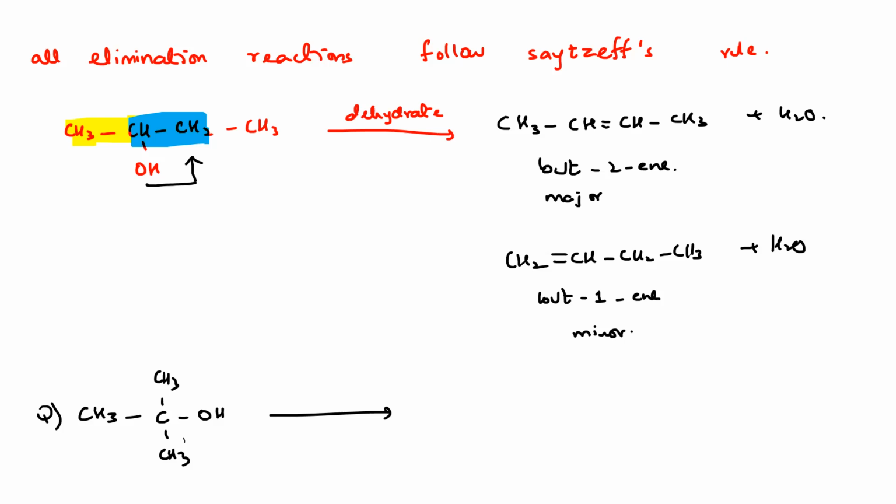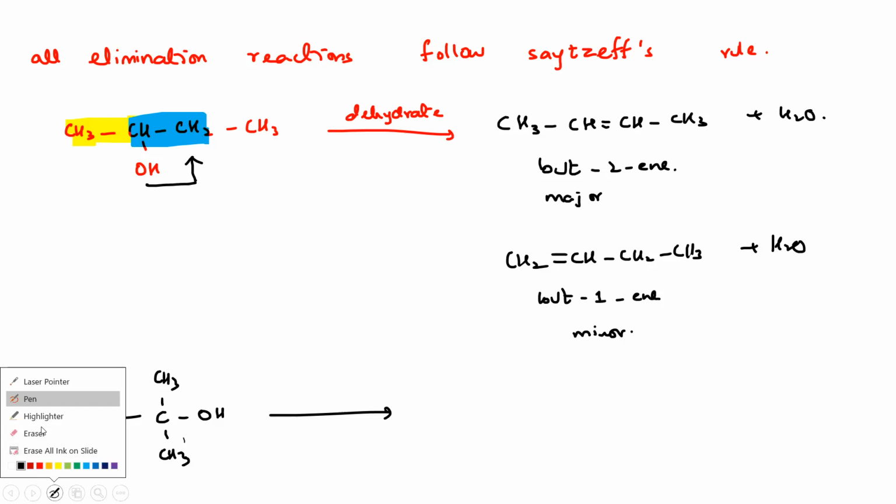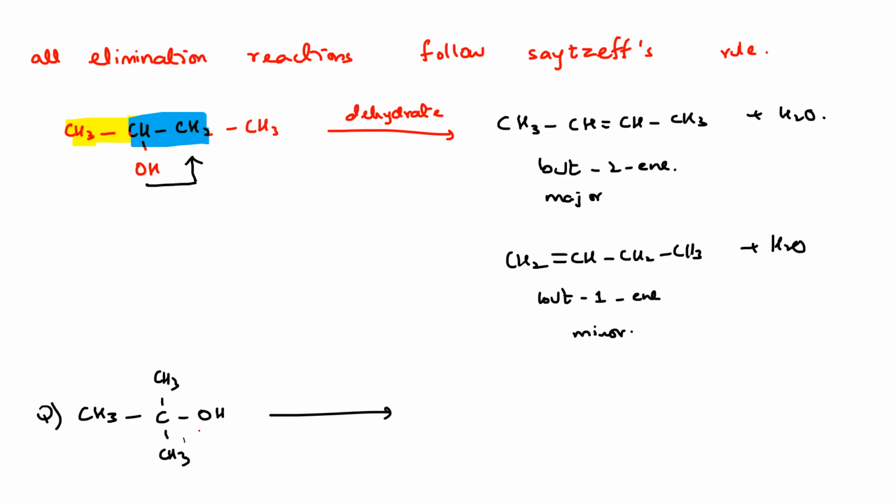Sorry, I didn't add the plus sign between H2O and the reaction equation. But why don't I see any hydrogen removed from any of the methyl groups? We have removed OH, that's correct. But why is this hydrogen still there? So this would be removed, right?